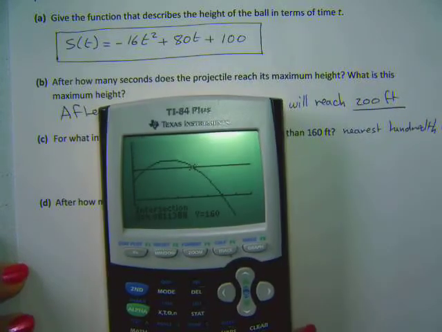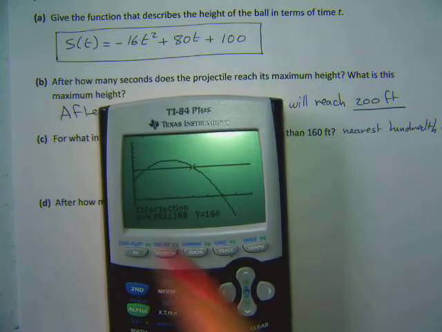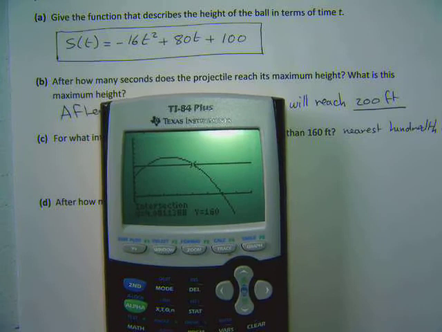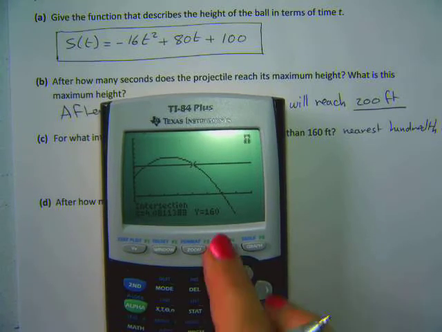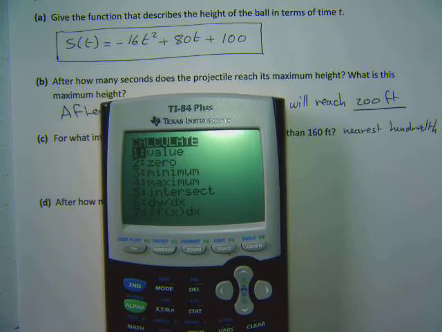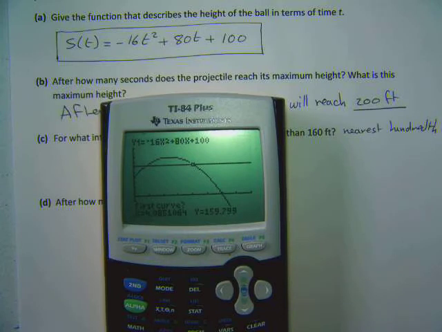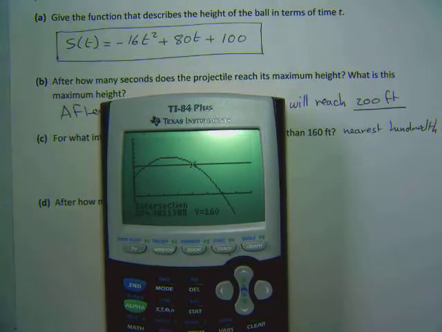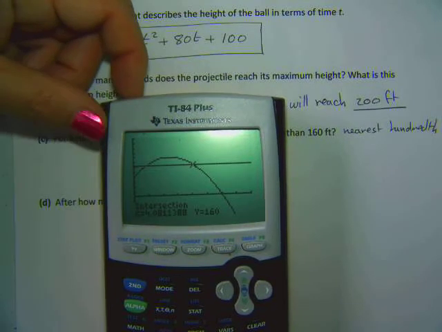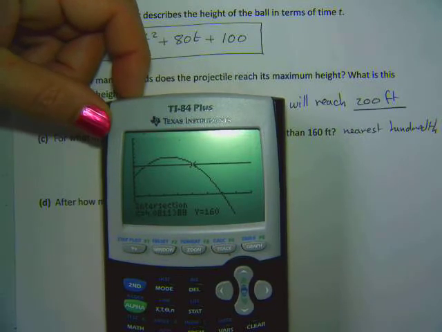So let's see now, what do we do to find this other point? If you do second trace again and go to the intersect again, if I hit enter, it's gonna give me the exact same point. So let's see what we need to do the second time around. Go to second trace, number 5.